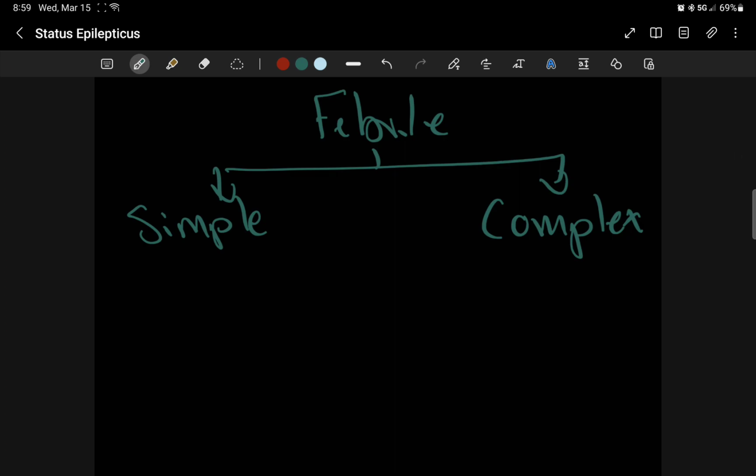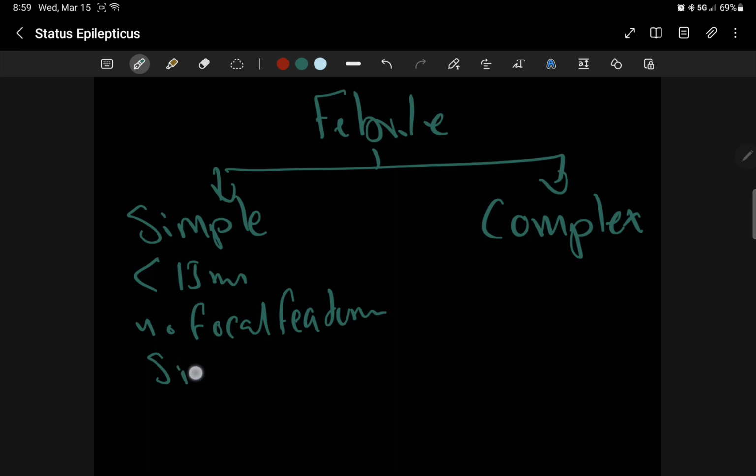So, simple febrile seizures is basically a seizure that is lasting less than 15 minutes. There's no focal features. It's a single seizure in 24 hours.